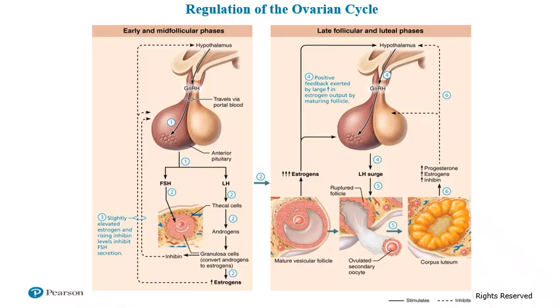This event will trigger an LH surge. The LH surge is important because this is what prompts ovulation and formation of the corpus luteum. A high estrogen level triggers the release of stored LH and some FSH by the anterior pituitary.